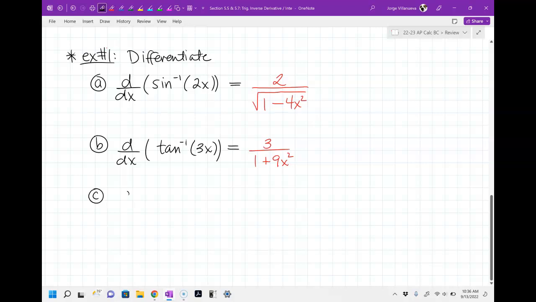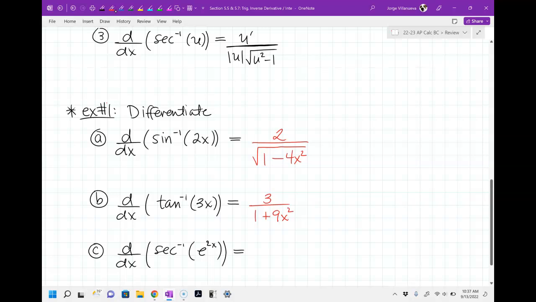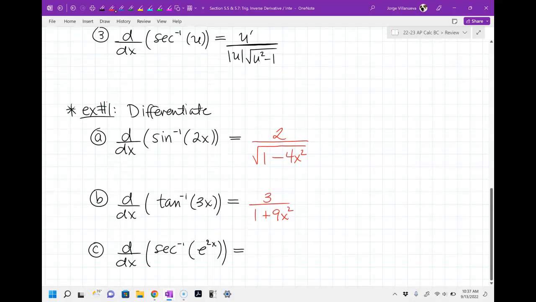All right, so let's do part C here. d dx of secant inverse of e to the 2x. So remember, the definition for secant inverse was u prime over the absolute value of u times the square root of u squared minus 1.